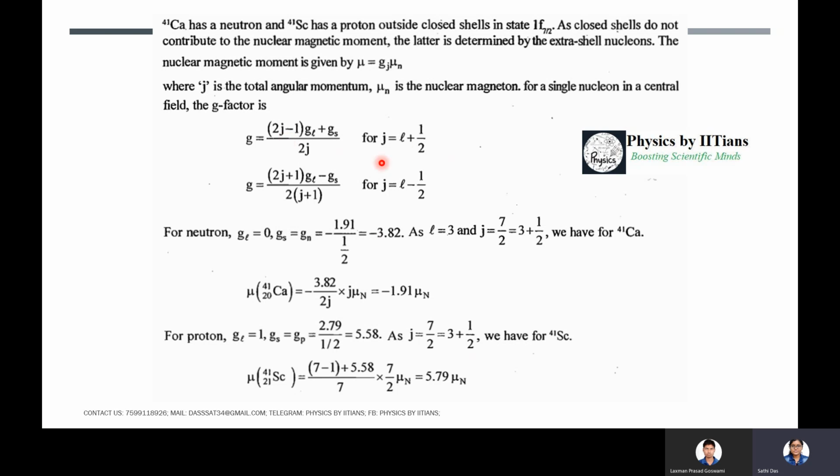We also have to apply this formula, and you will get 5.79 mu n. So in this kind of question, you first look for the G values, and for that you have to apply the particular J value, which is L plus half or L minus half, and then put the values, and you will get the answer.